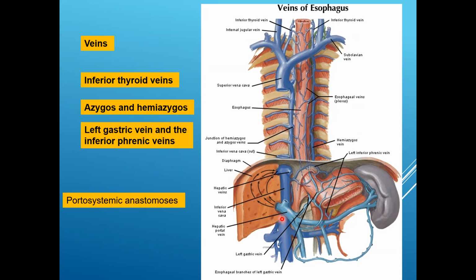And we have a venous system that is designed specifically for the gastrointestinal system. Why do we need a specific venous system for the gastrointestinal system? So that it takes the digested and absorbed nutrients to the liver.